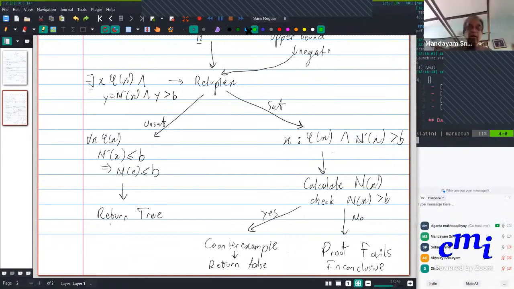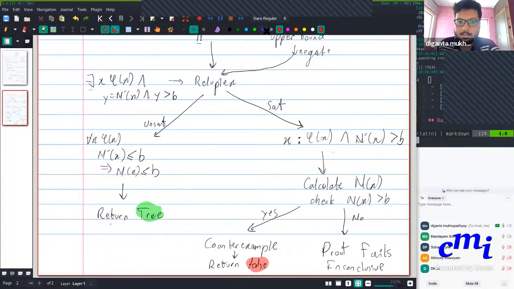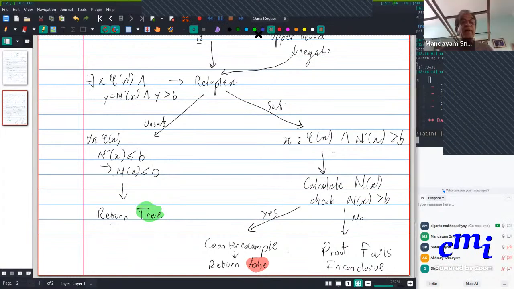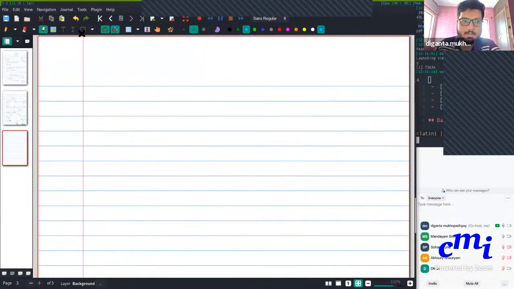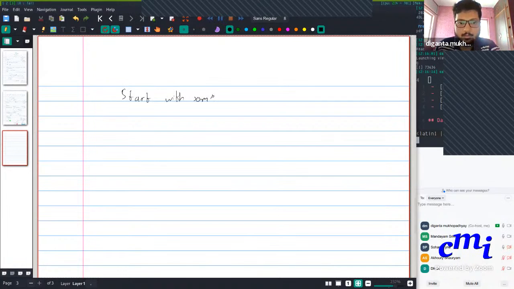Recapping, I think these things were covered in some detail, but relating back to your TS and TC, it is here that you refine your TS and TC, in the inconclusive case. So the large scale loop is going to be: start with some TS and TC, and then try the proof.